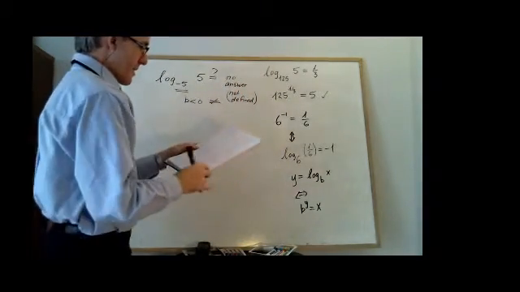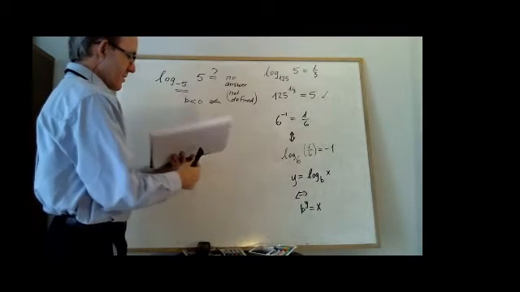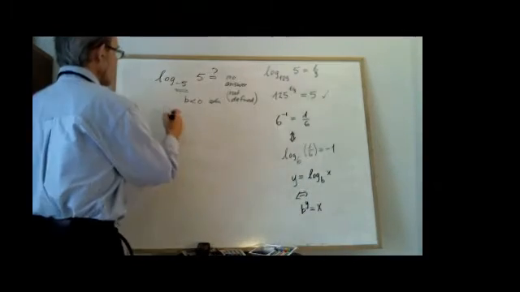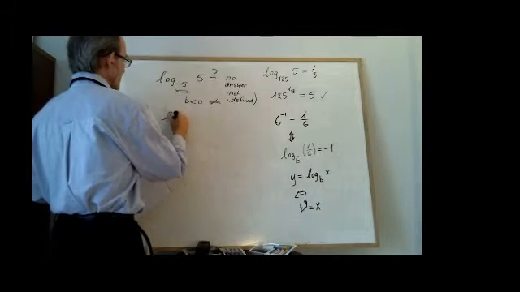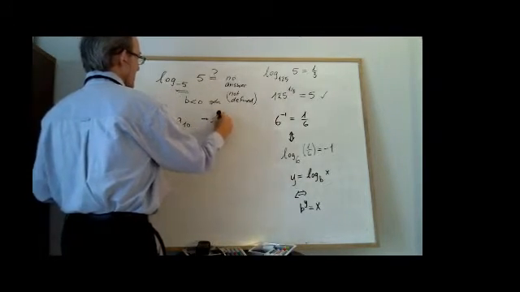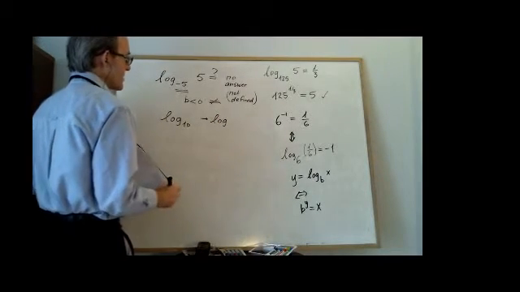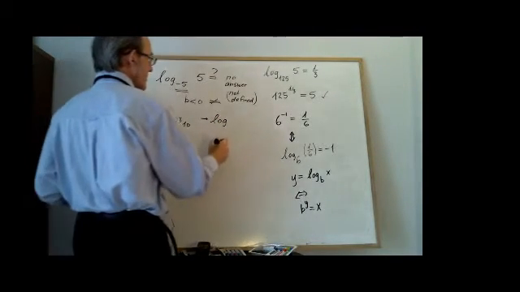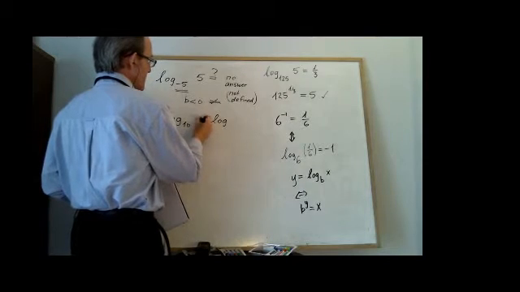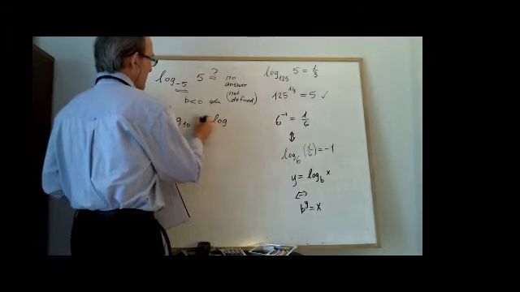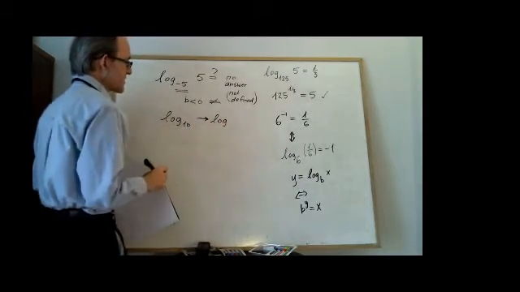So anyway, that's at least a starting introduction to logarithms. I might mention, by the way, that when you deal with log base 10, that is just written as log by itself. You have to always read in context.